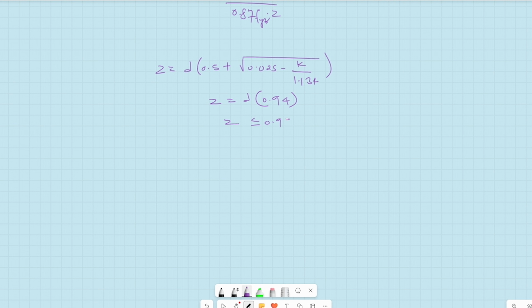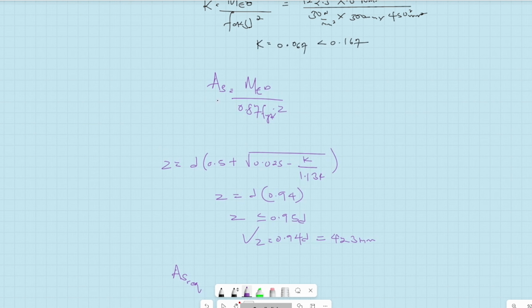Since we have it to be 0.94d, we can just adopt z equal to 0.94d. 0.94 times 450, because our effective depth is 450, so it will give you 423 mm. So we can use that because it's not more than 0.95d. So now back to the formula for finding our area of steel required.